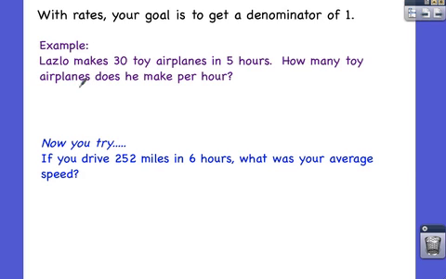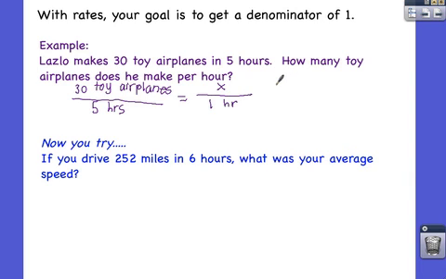So, we know that Lazlo makes 30 toy airplanes in 5 hours. So how many toy airplanes does he make in 1 hour? Well, we have 30 times 1, which is 30, and 5 times x, which is 5x.